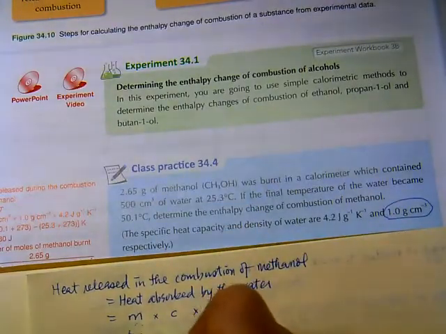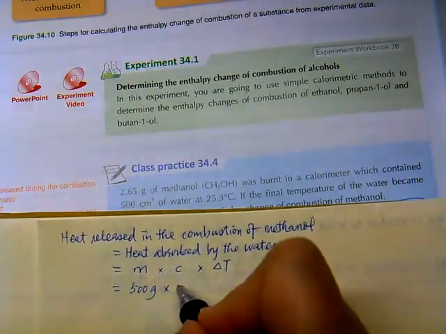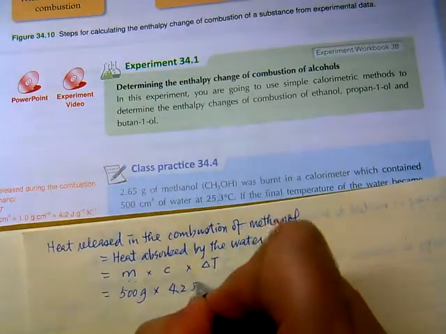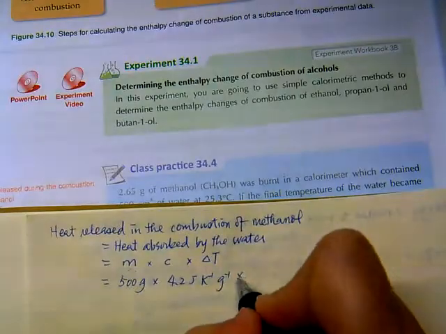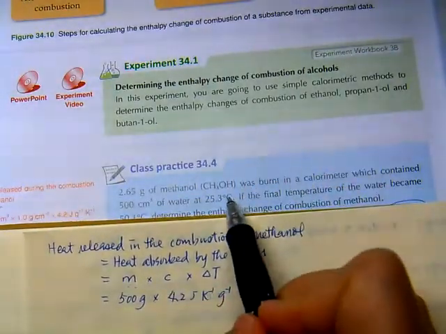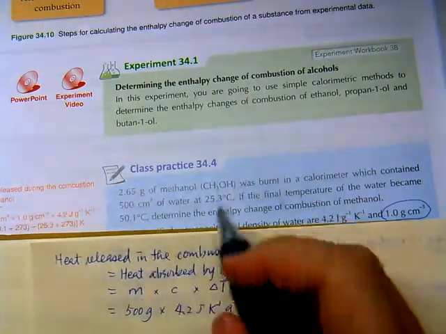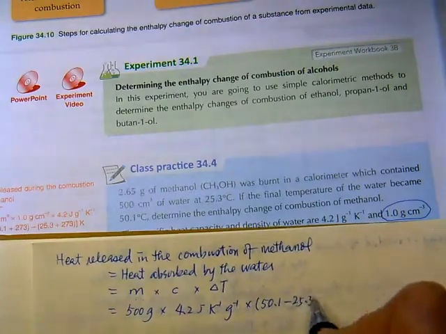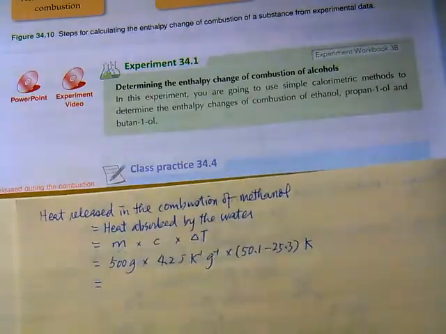Therefore, mass of water is 500 gram times specific heat capacity of water, which is 4.2 joule per Kelvin per gram, times delta T. It doesn't matter whether in degrees Celsius or in Kelvin when working out the delta T, which is 50.1 minus 25.3. Next, use your calculator.